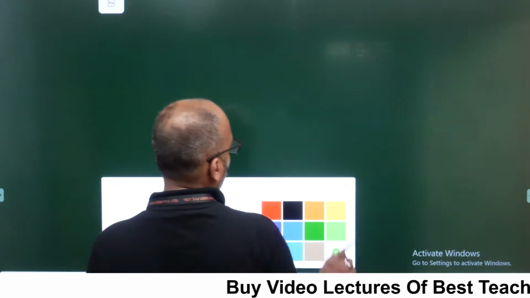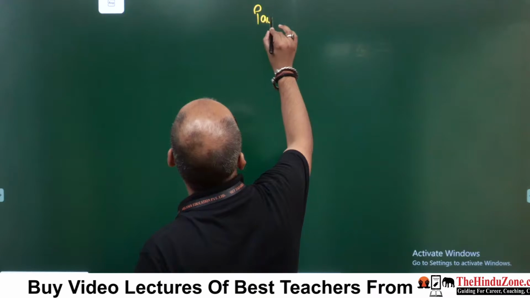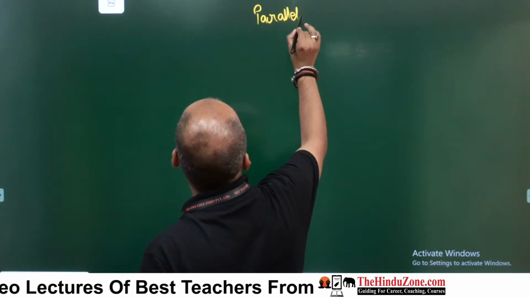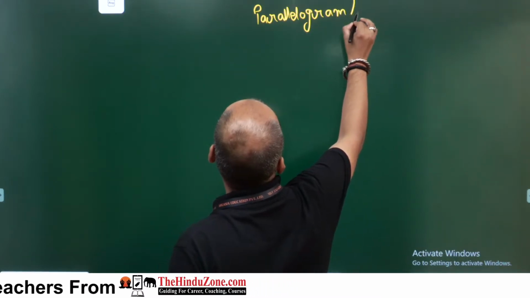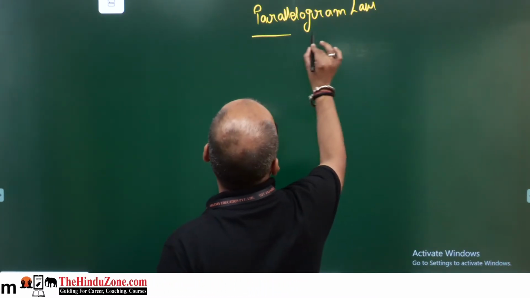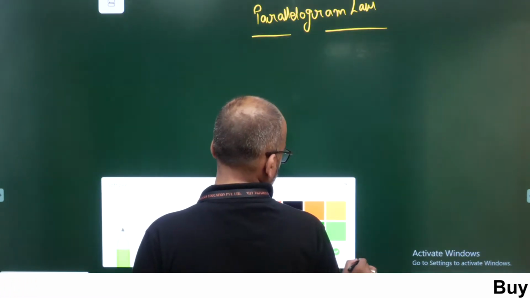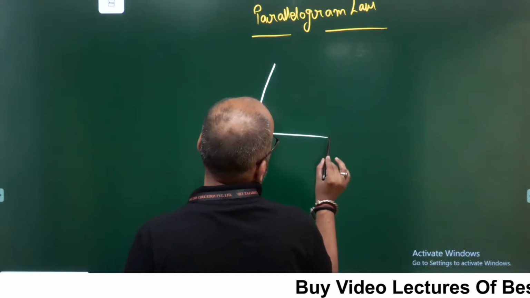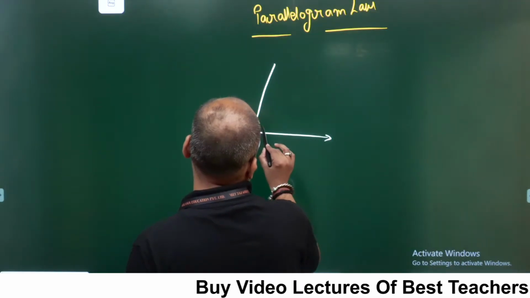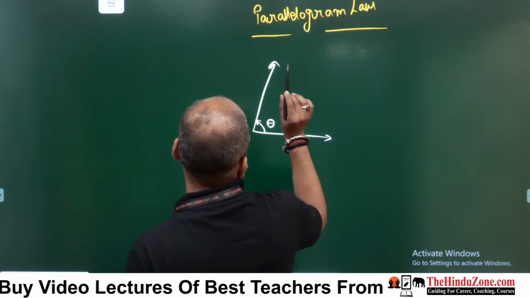Okay. Coming to parallelogram law of vector addition. So as I told you, if these are my two vectors and they are inclined at some angle with each other, let that angle be theta.